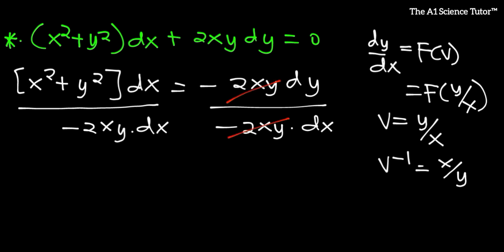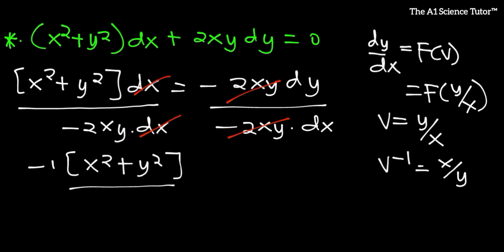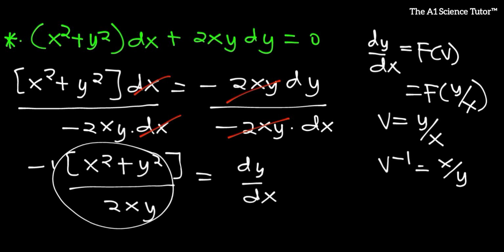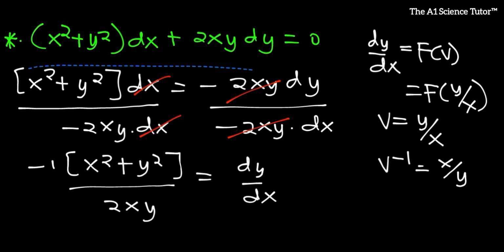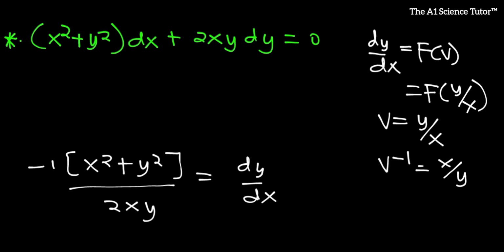So this cancels out, this cancels out, and we're going to have a -1 multiplied by x squared plus y squared, divided by 2xy. And on this side, we have dy divided by dx. So what can we do over here? Now we need to split these fractions, and so I think I'm going to wipe this out and do that.